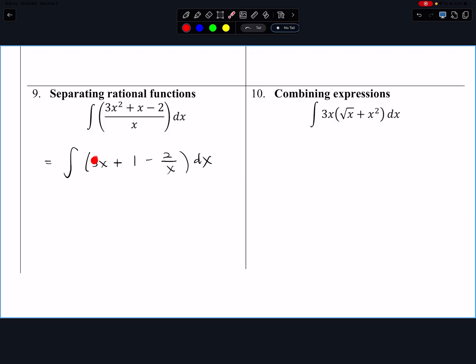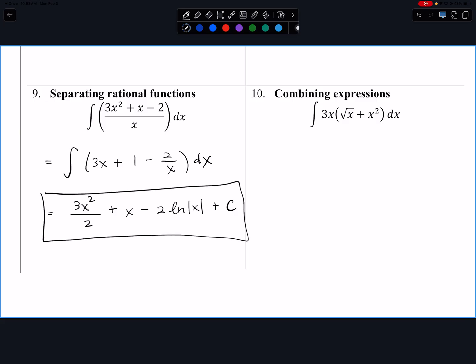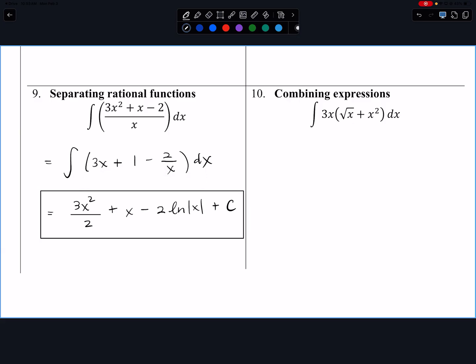What's the antiderivative of this? 3x squared over 2. Good. Plus x minus 2 natural log. Good. Plus c. Good. Don't forget the absolute values, guys.